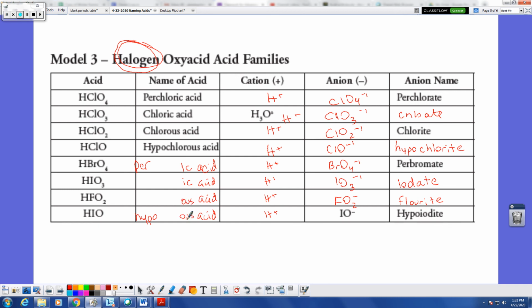And then you just fill in your root. So this is bromic. This is iodic. This is fluorous. This is iodous. Those iodine ones just sound crazy.